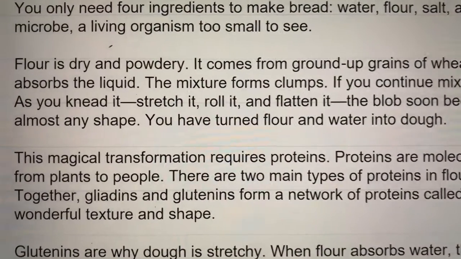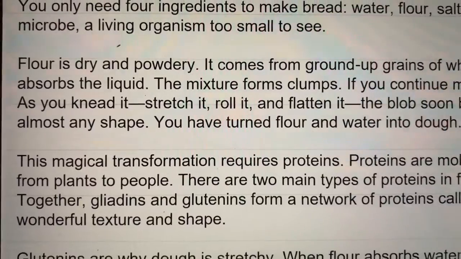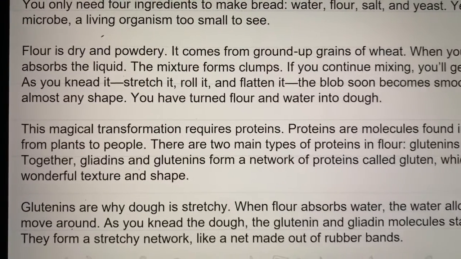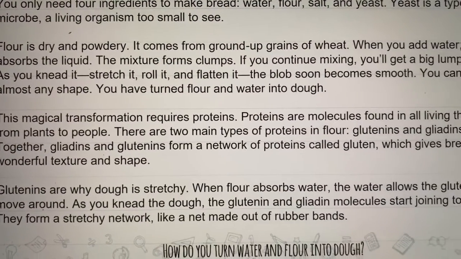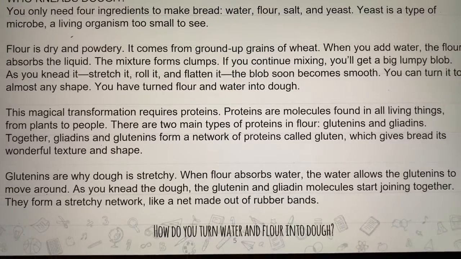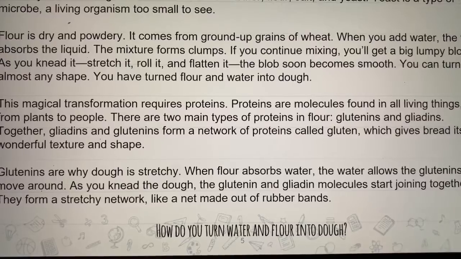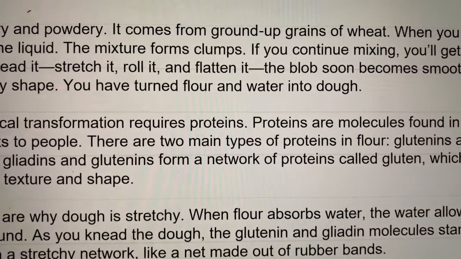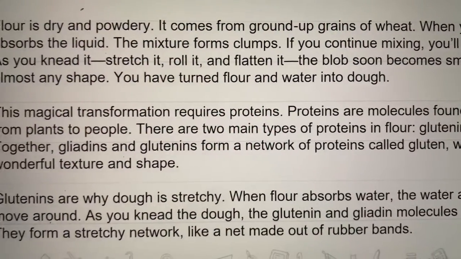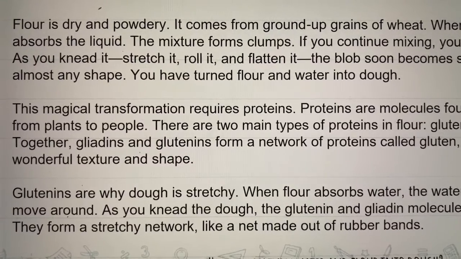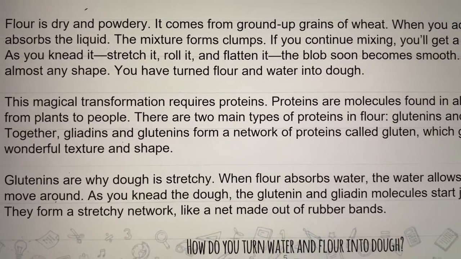As you knead it, stretch it, roll it, and flatten it, the blob soon becomes smooth, and you can turn it into almost any shape. You have turned flour and water into dough. This magical transformation requires proteins.